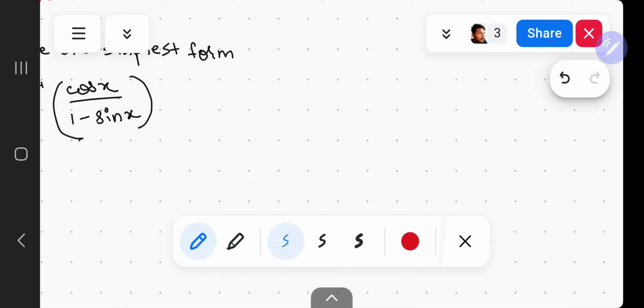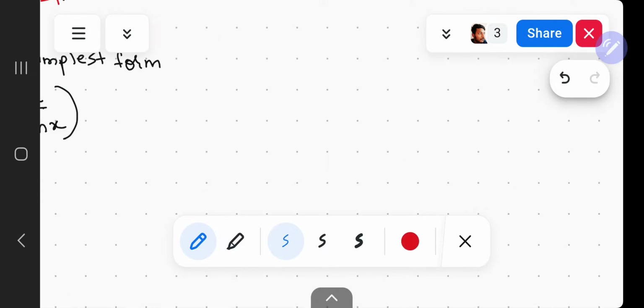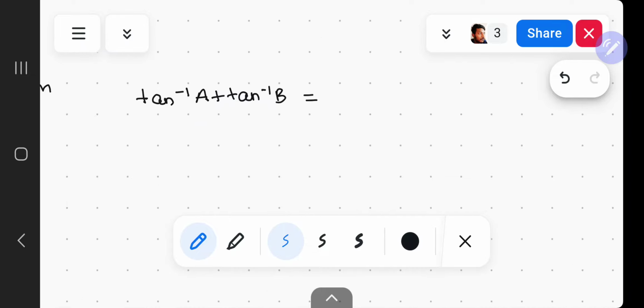Okay, for now I'll be discussing the formula first. So tan inverse A plus tan inverse B is equal to tan inverse A plus B over 1 minus AB.